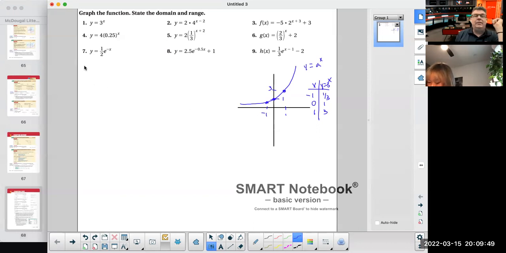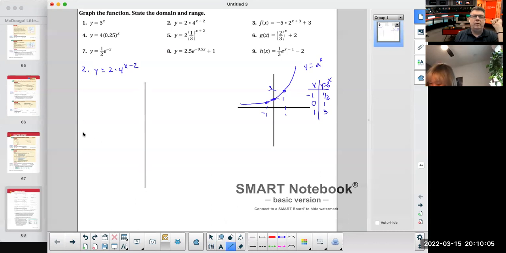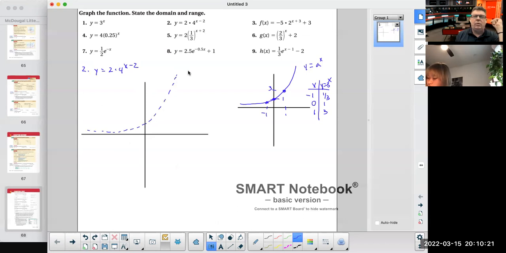So now what they're trying to do, like for number 2, y equals 2 times 4 to the x minus 2. They're trying to get you to think of the basic curve, y equals a to the x, and how to adjust it.